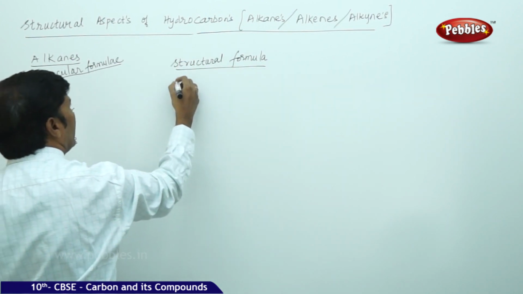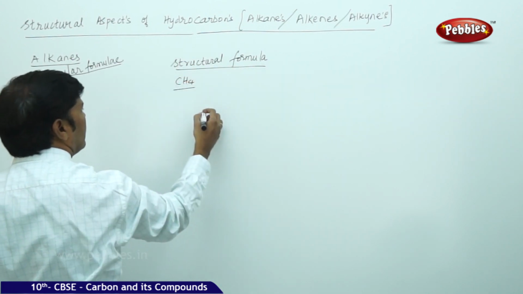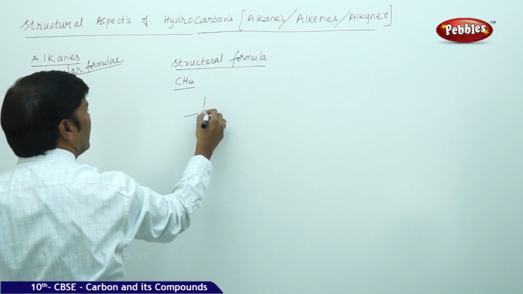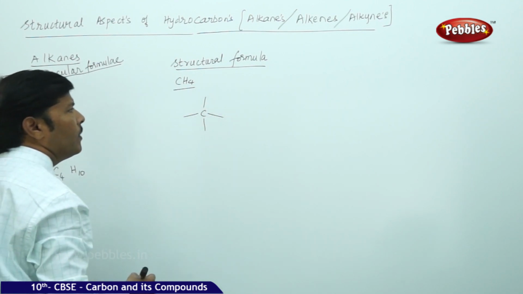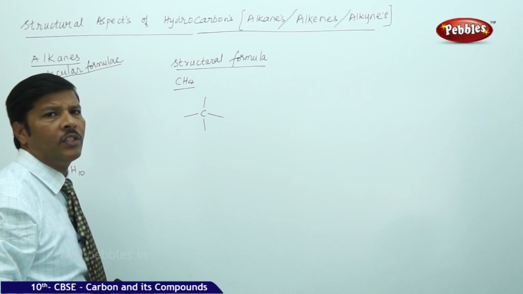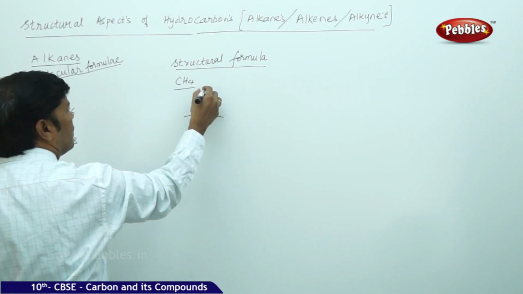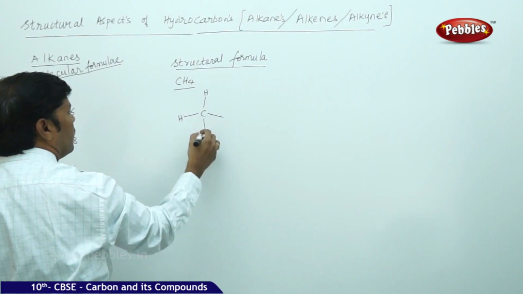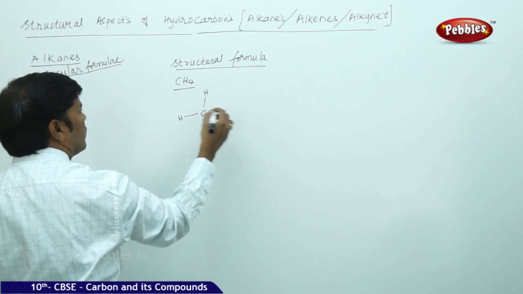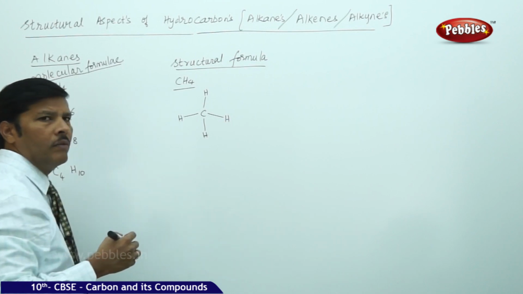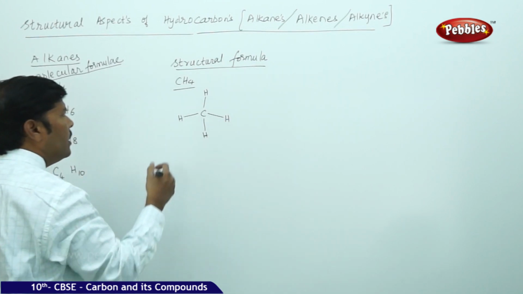If you go for methane, you can write the methane structure as, because carbon is tetravalent, first you highlight the 4 covalent bonds for each carbon and you look after the number of adjacent hydrogens. The number of adjacent hydrogens is 4. So this is the structure of the methane molecule.